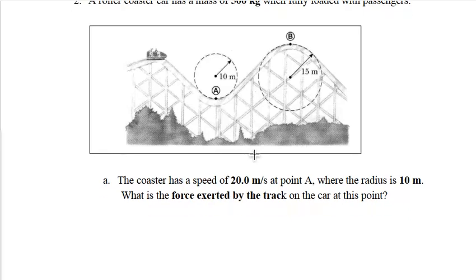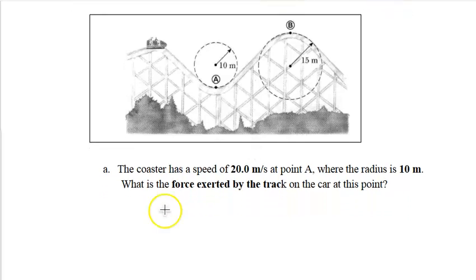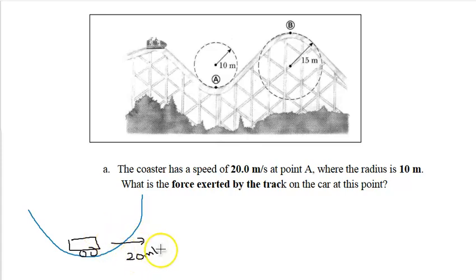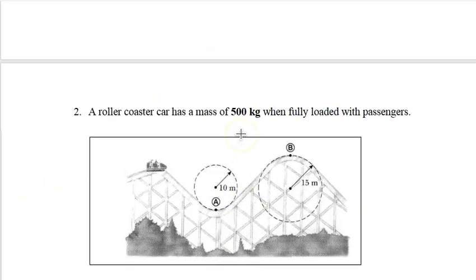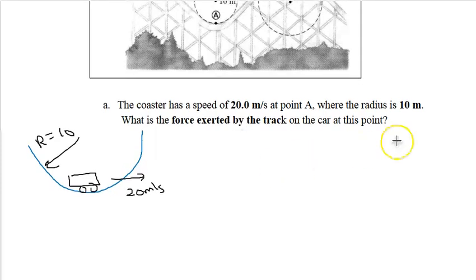Okay, now we're going to do more roller coasters. So question A is at the bottom of the coaster, and you have a speed of 20, and the radius is 10. And what else do you know? The mass of the coaster is 500.